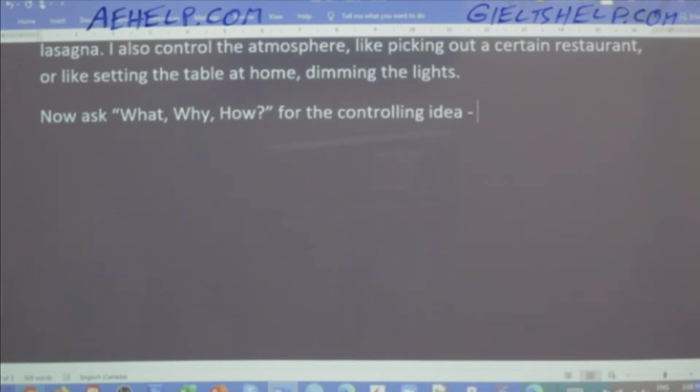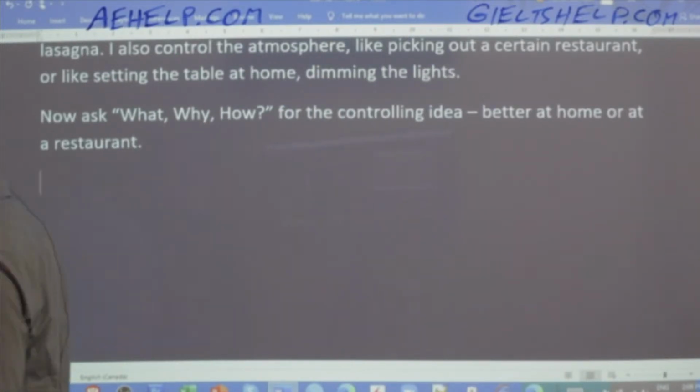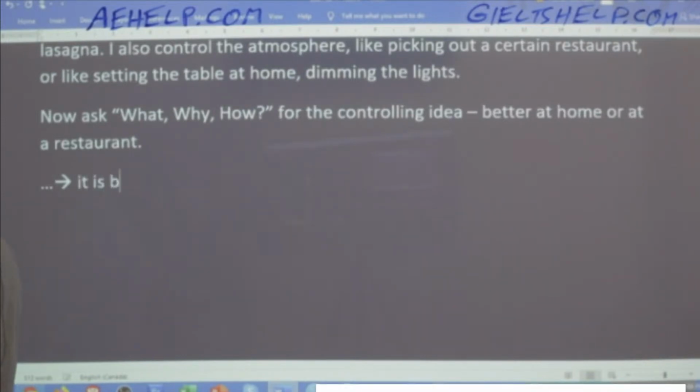Okay, so controlling idea, better at home or at a restaurant. Now you can argue restaurant as well, but I think here eventually, you will come to the realization that it is better to eat at home or make food and eat at home for the most part.